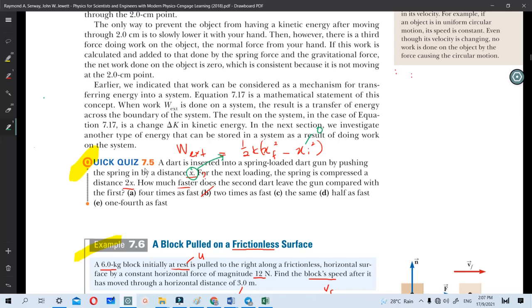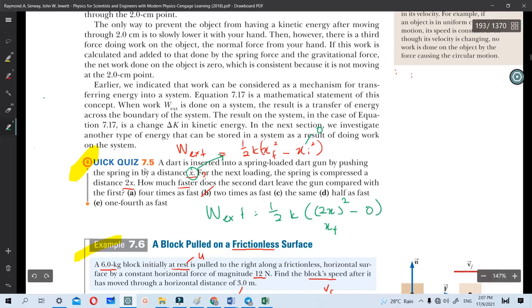How about when it's 2x? Here is the expression for this one. We find half k, but the final is 2x. So this is the x final for the second situation. And initially it isn't stretched or compressed.